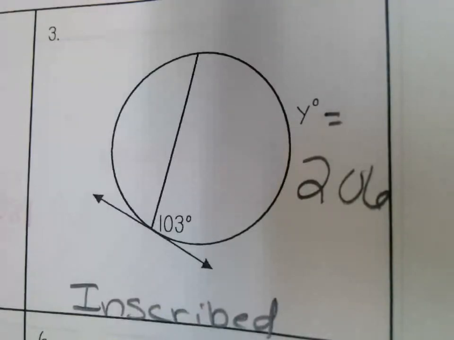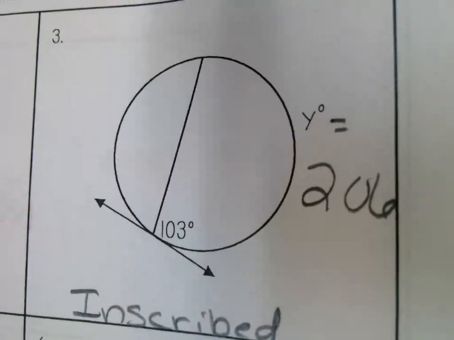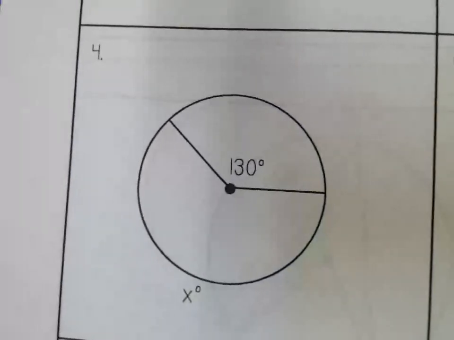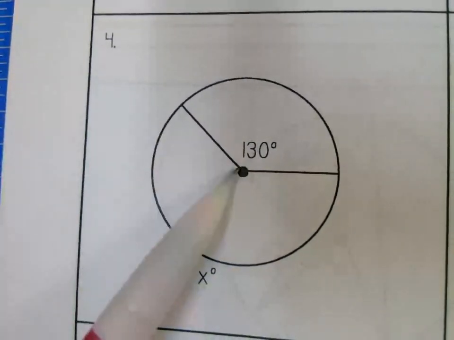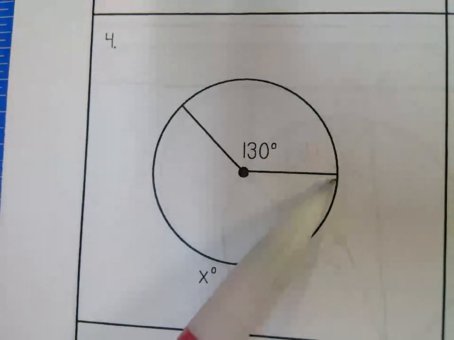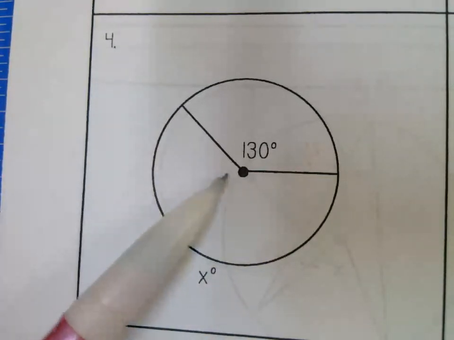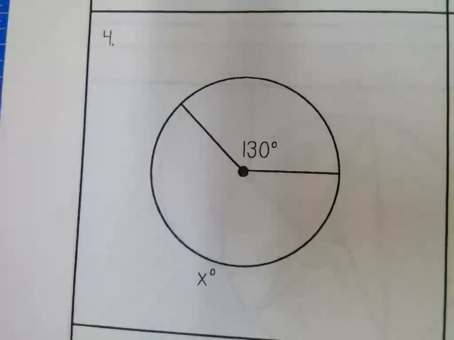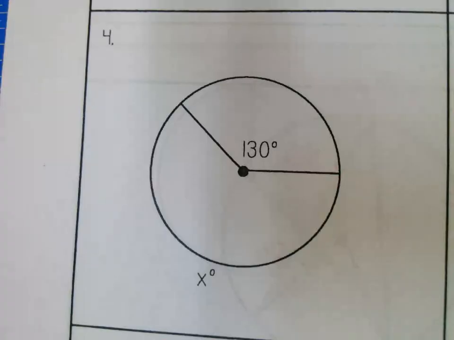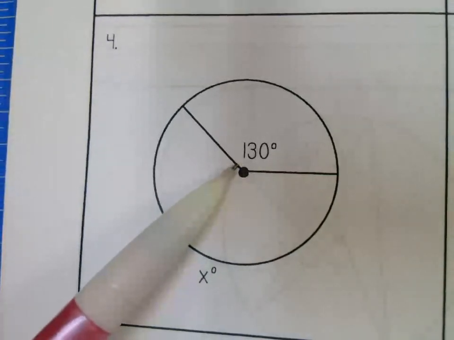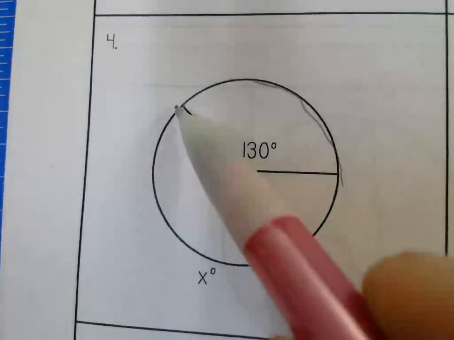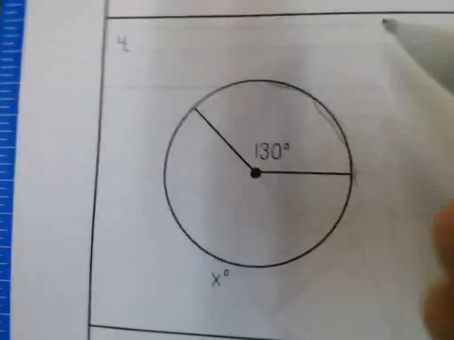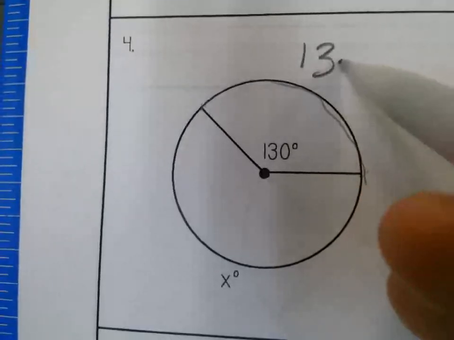Now we're going to move to a little bit of application. Look at number 4. They tell me that this is 130 degrees. First of all, is this a central or an inscribed angle? This is a central angle, which means my angle equals my arc. So if this is 130 degrees, my arc from here to here, because remember it goes from leg to leg, is going to be 130 degrees.